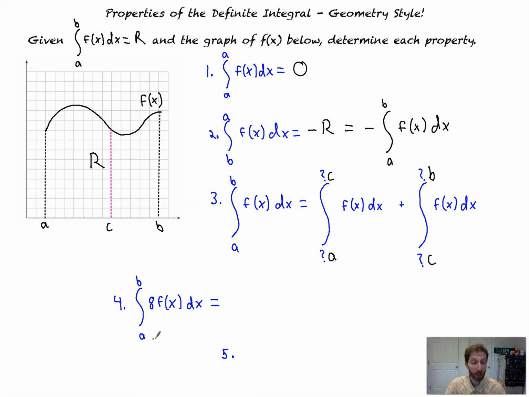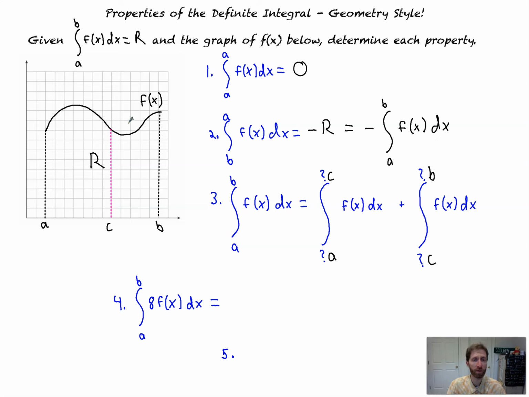All right, how about the integral from a to b of 8 times f of x dx? Let's take a look at that one. Well, what's that all about? We've got the integral from a to b is normally this. Now we're taking this and multiplying everything by 8. I wonder what that means. Well, remember, these are the heights of rectangles.